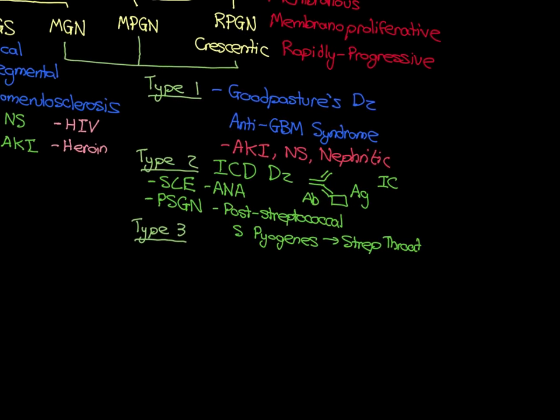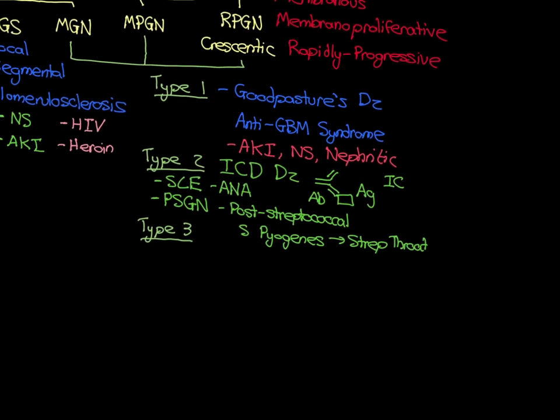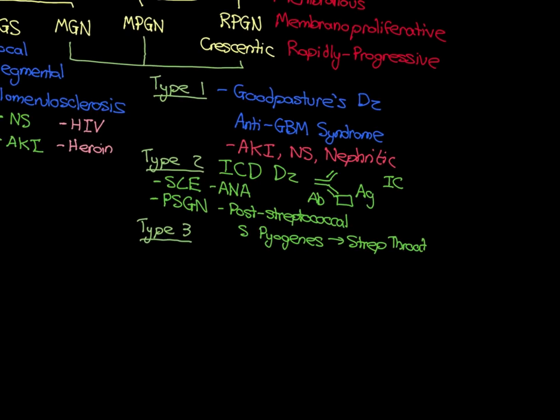Two other immune complex deposition diseases, and I'm going to talk about these two together. So IgA nephropathy is one, and then there's what is believed to be the systemic form of IgA nephropathy, or the wider spread form, that is Henoch-Schönlein purpura, which is HSP.